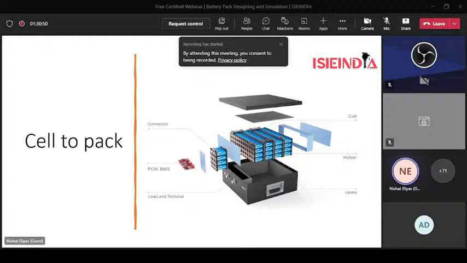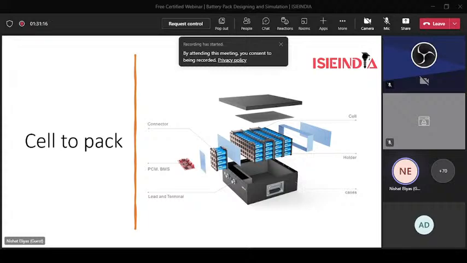This is how the cell pack is manufactured. First of all, the cells are graded. That is, the grading of cells is done first. We look for cells with a similar maximum nominal capacity, similar nominal voltage, and similar chemistry also.